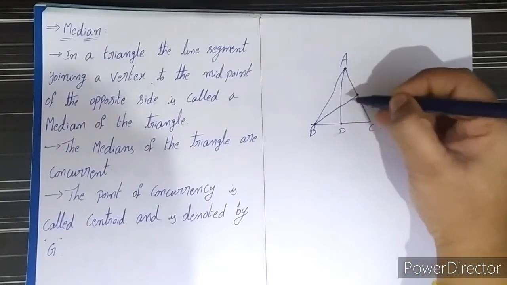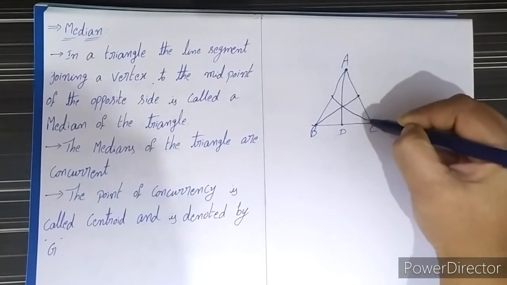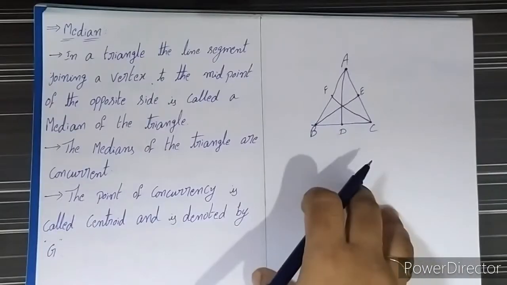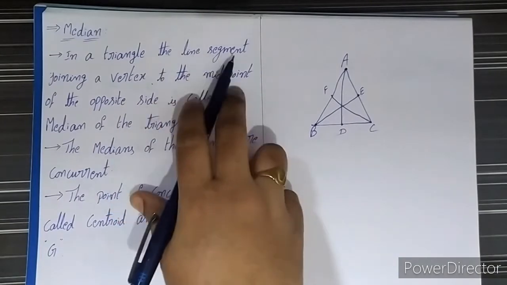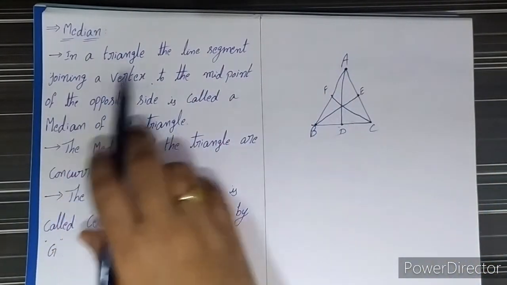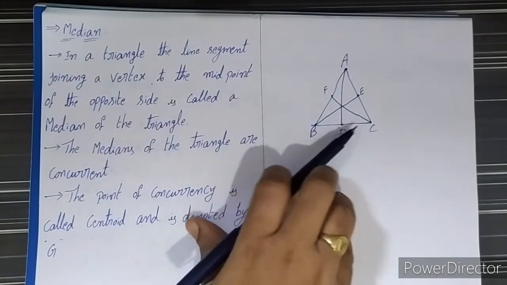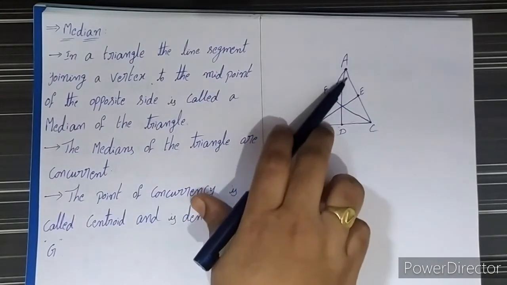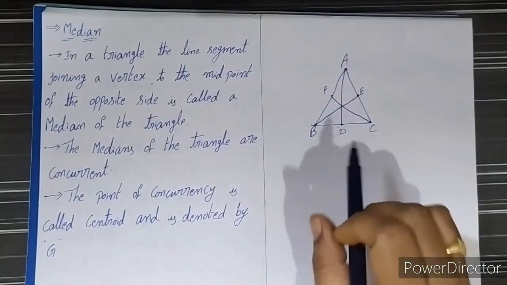Similarly, let it be E. We can draw in a triangle the line segment joining a vertex to the midpoint of the opposite side. Then we can draw a line segment from the vertex A to the midpoint of the opposite side BC.